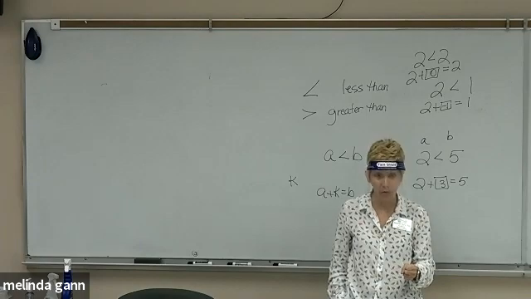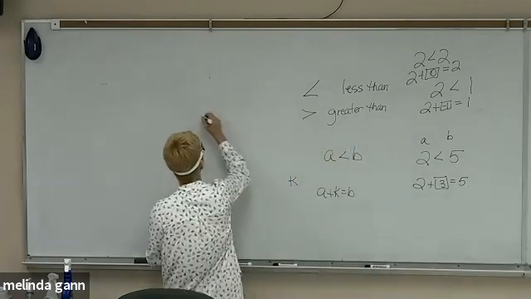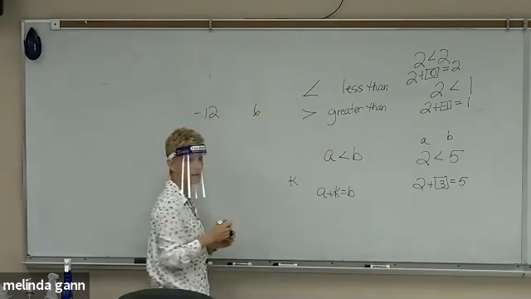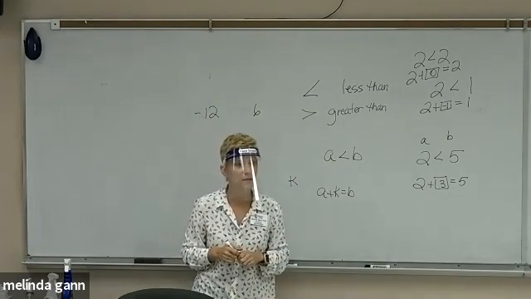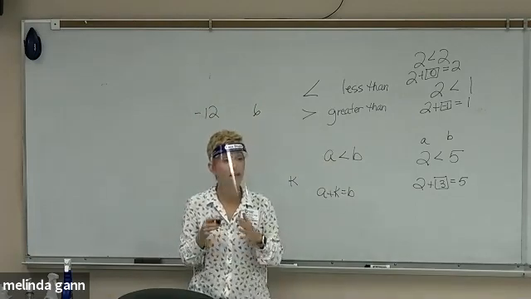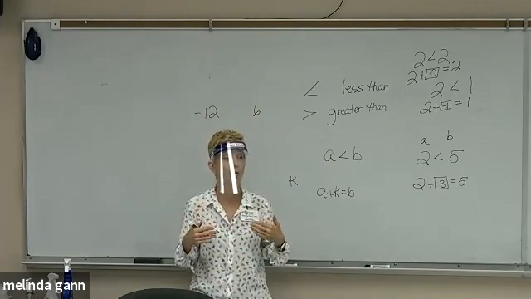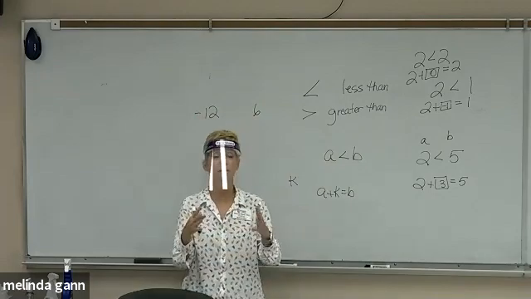That's not true. -12 has more digits than 6. But -12 is not bigger than what? 6. So do not tell them the more digits, the bigger the number, because that's not true for what? For all time.